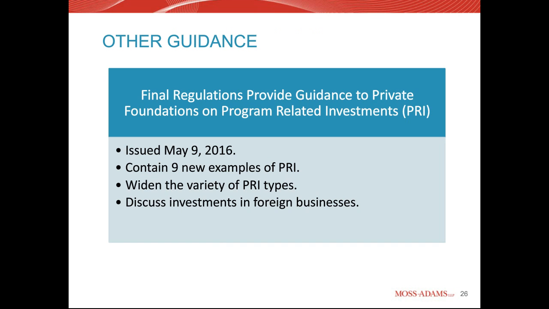So the guidance for program-related investments, this was really, really nice to get some more guidance from Treasury on this. The last time guidance was issued in the regulations was 1972. And what program-related investments is, you can hear it both on the public charity side and private foundation.